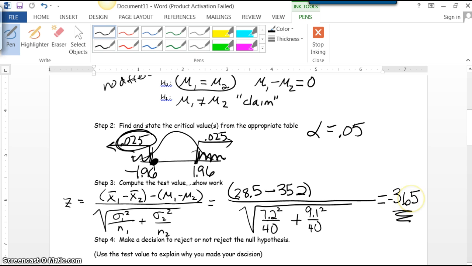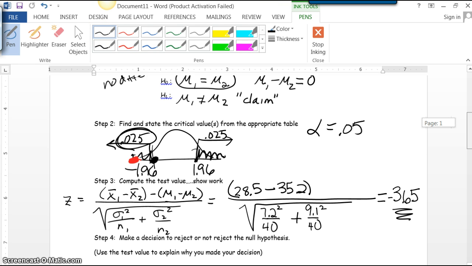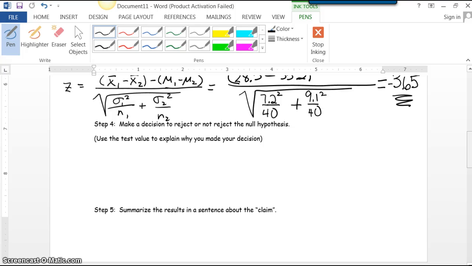Then you want to watch where that test value is on this picture. It looks like it's over in here. You know, it's to the left of negative 1.96, so it's clearly in the critical, the left critical region. And so whenever a test value is in a critical region, you reject the null hypothesis.